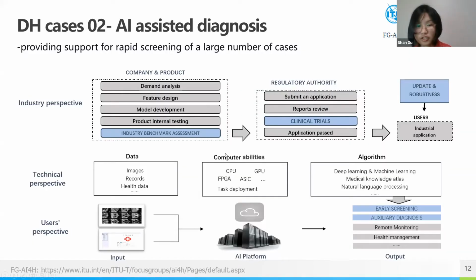And this is a general workflow that I always use in our focus group to talk about the AI for Health process. And we can see it from different perspectives. From the bottom, from the user's perspective, we can see AI as a kind of black box: structured or non-structured data is put inside, and then with strong computing possibilities, it gives us an answer, mainly based on correlation.